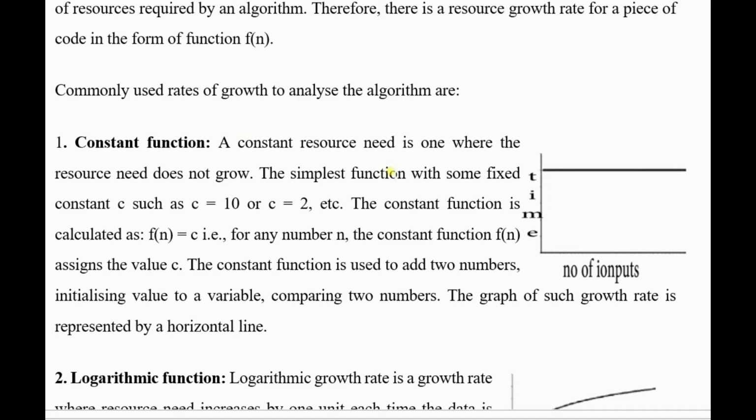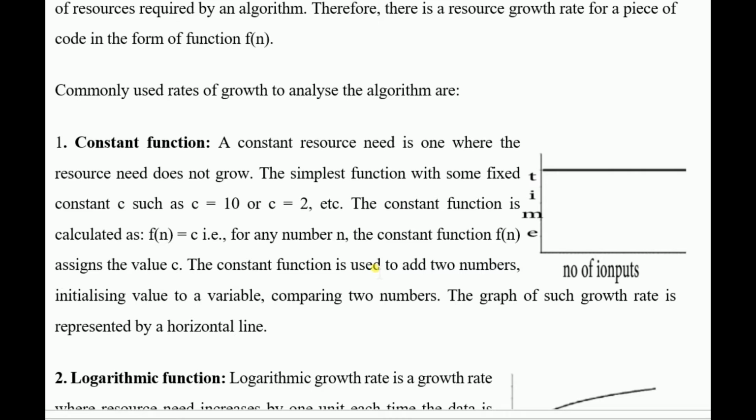The simplest function with some fixed constant. For example, assignment of a variable, like here we have seen c equal to 10. We took one constant c and we have assigned one value to c, c equal to 10 or c equal to 2, etc. The constant function is calculated as f(n) = c.